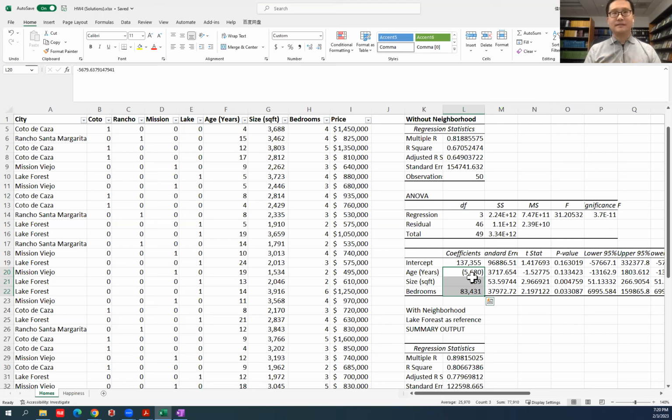We do not have data on the size of land. However, it could potentially affect the house price, right? It will go into the error term. That's the difference between the predicted price and the observed price. It won't be totally captured in the intercept. Okay, thank you. I got it.